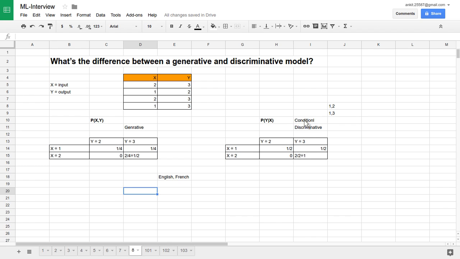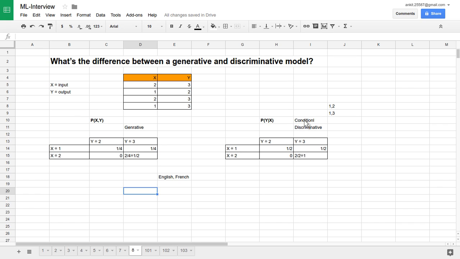Let's say we want to go with the generative kind of model. In this case, we learn about English first, we learn about French first, and then whatever sentence has been given to us as a query, we straight away throw it to our knowledge, because based on those data, we have generated knowledge about what an English sentence looks like, how an English sentence is spoken, how it is written.